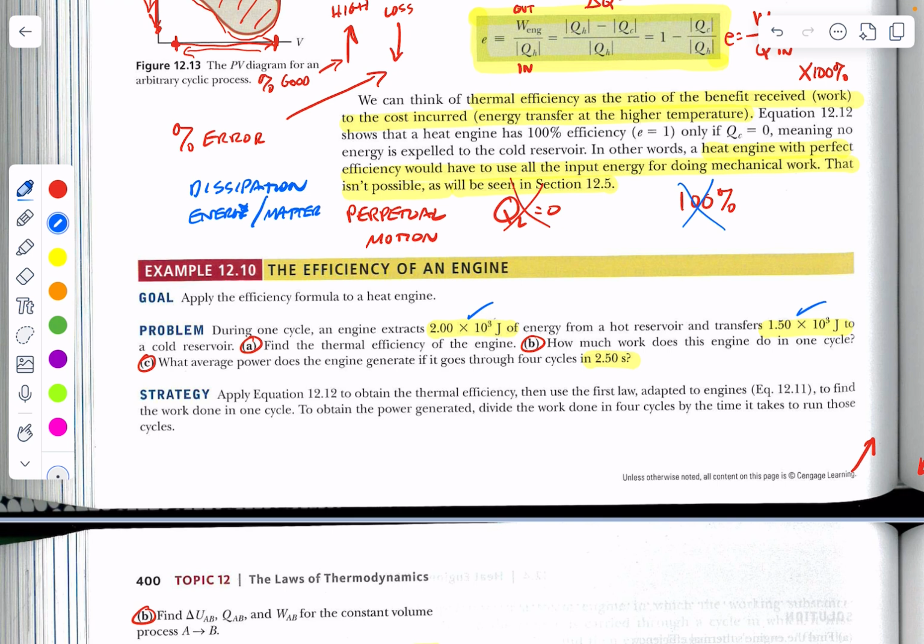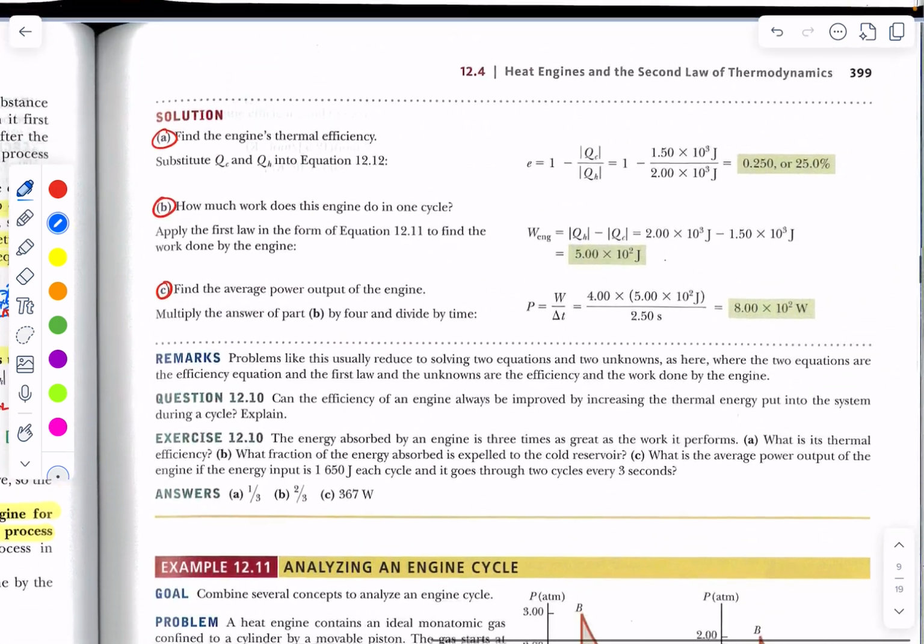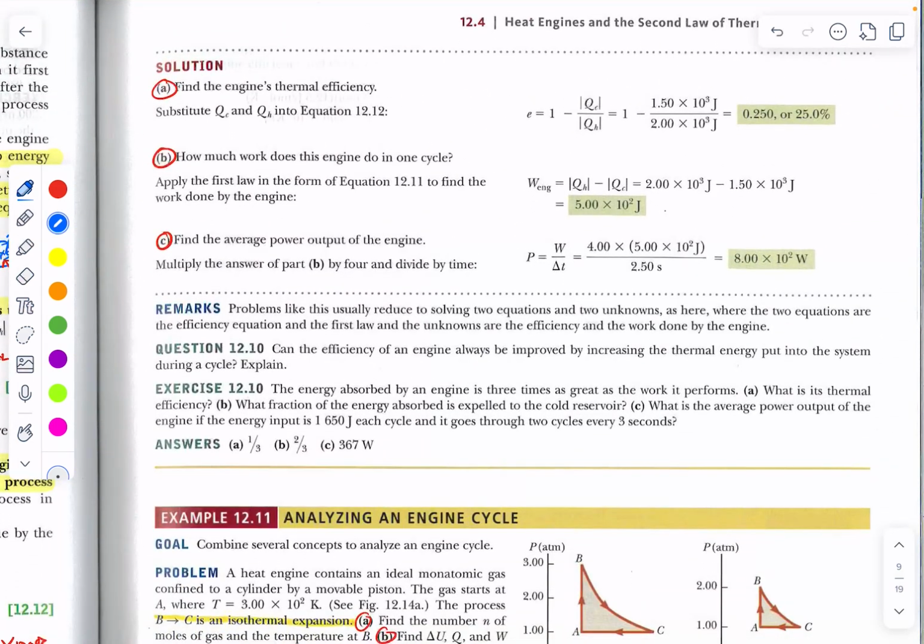We want to find the thermal efficiency in part A, and then how much work the engine does in one cycle in part B, and then we want to find the power if this whole thing goes through its cycle in 2.5 seconds.